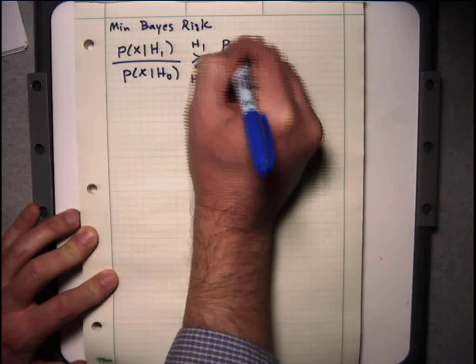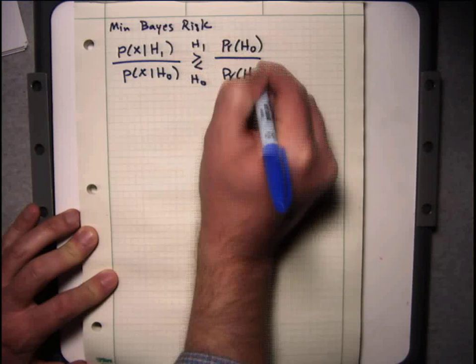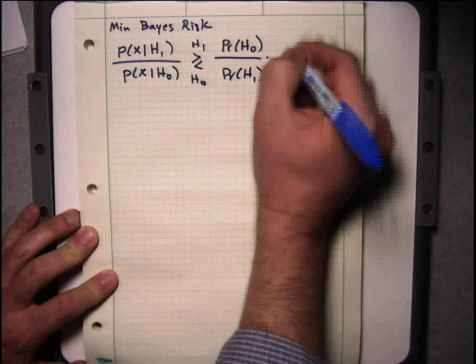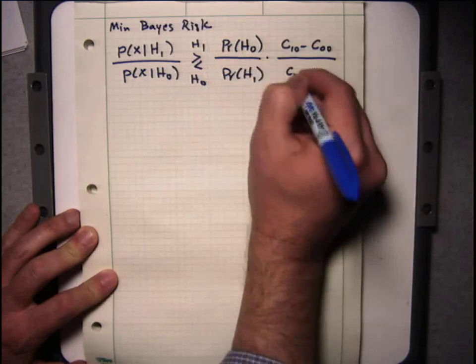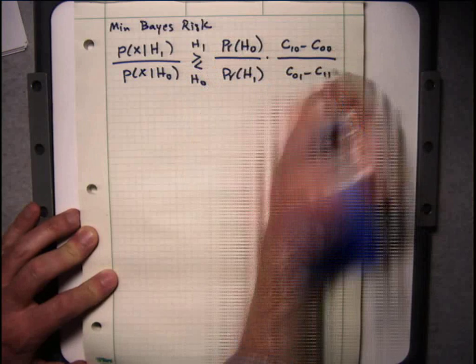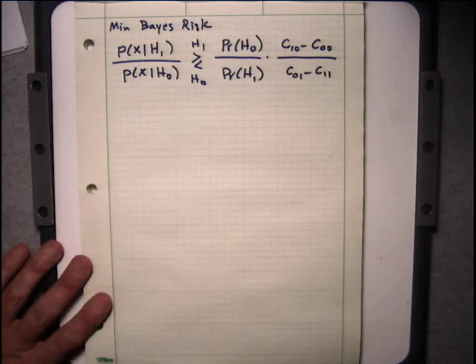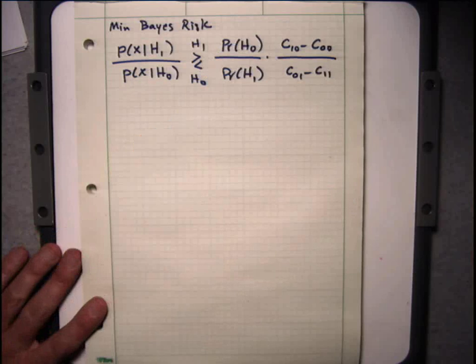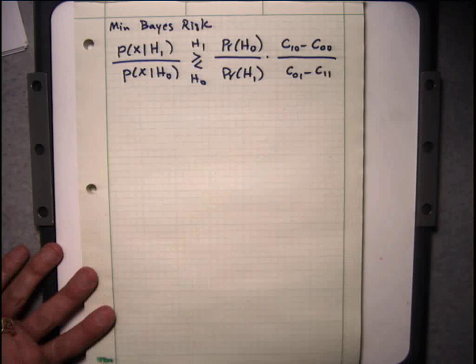It's probability of H0 over probability of H1 times C10 minus C00 divided by C01 minus C11. Okay, so these were the prior probabilities of each of the hypotheses being true, and these were corresponding costs associated with making the wrong decision.